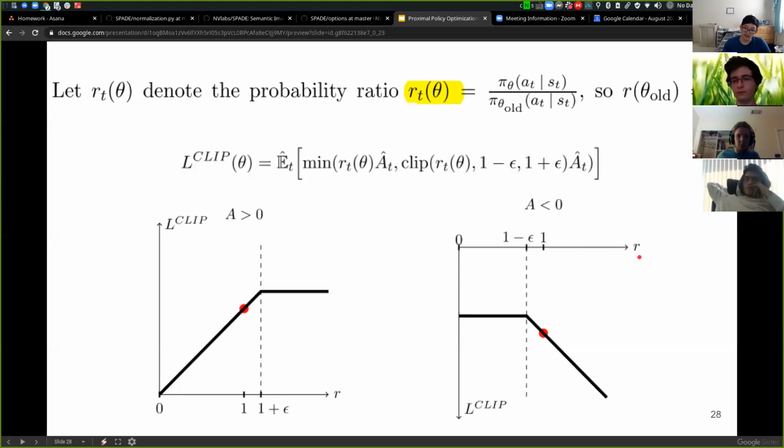The action is more likely, but it was actually bad. Because that action was bad, and before we were doing it more, we actually want to do it less. So we want to try and get closer to what we were doing before, pi theta old. Does that part make sense? So you can't get the big gradient there.